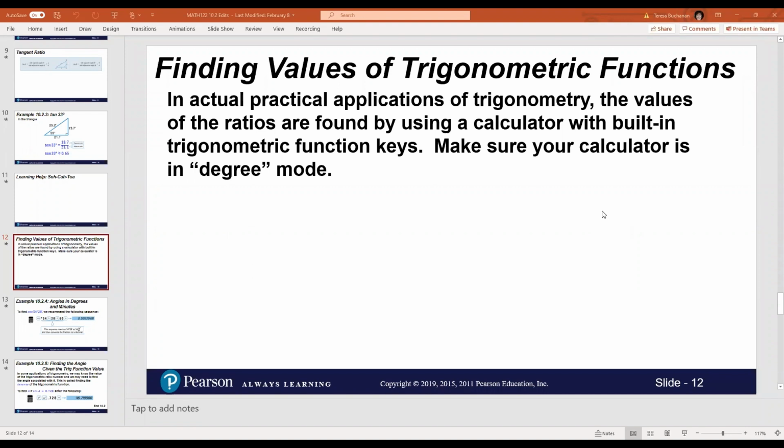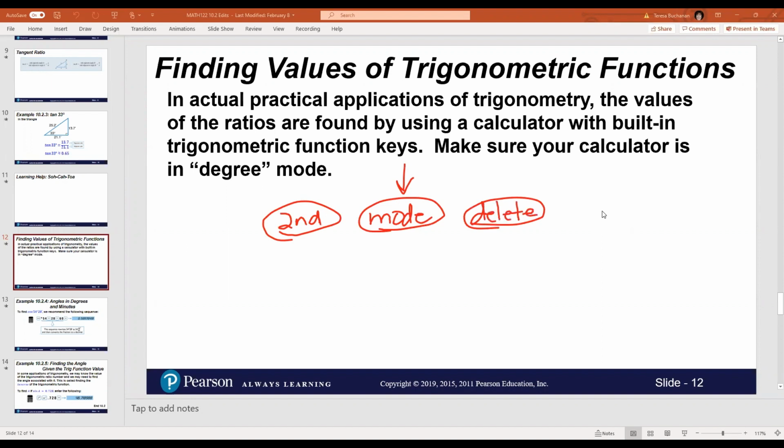To make sure that your calculator is ready to do that properly, you want to go in and find your mode button on the TI-30 XS MultiView. It's going to look like that in the top row. If you hit that mode button, and you should be doing that now, what you'll see is that first row opens up.